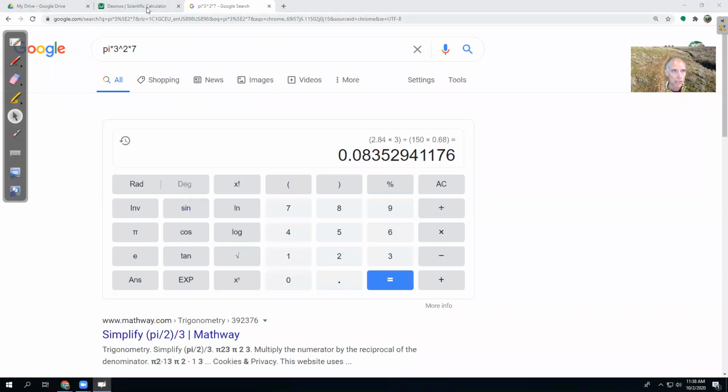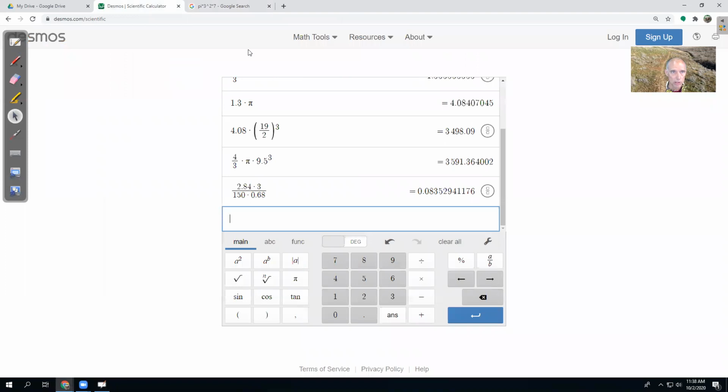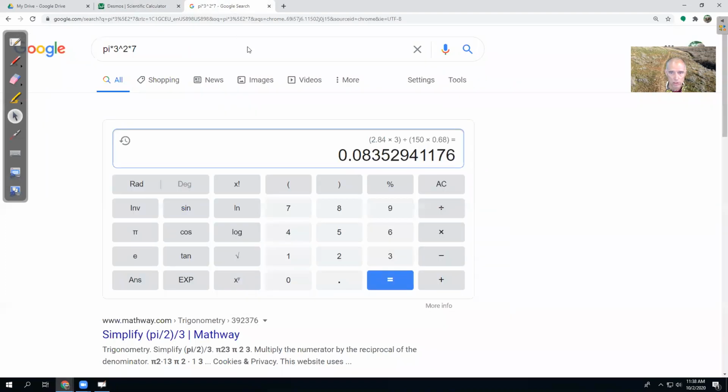So let's go to Desmos, or actually let's start with this one, why not? So negative here, some calculators have a negative button and a subtraction button, and it matters which one. So if my calculator had a negative button, I would click that.